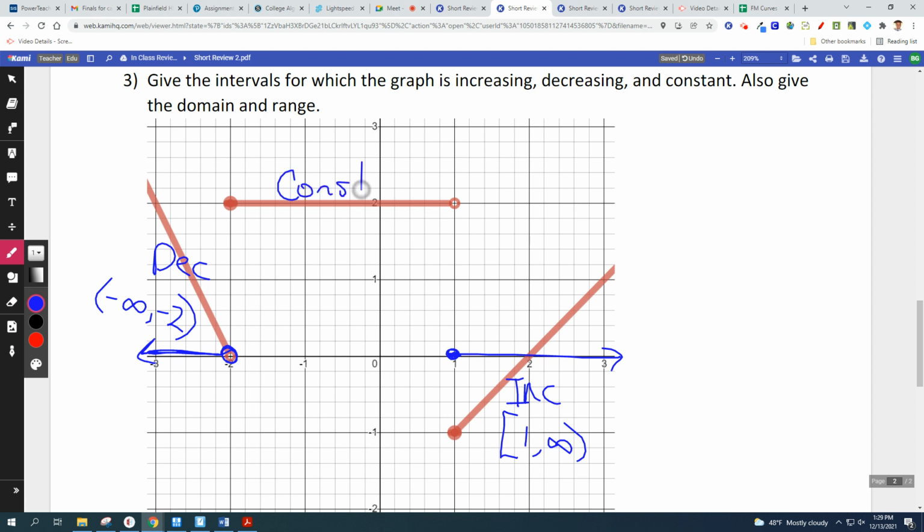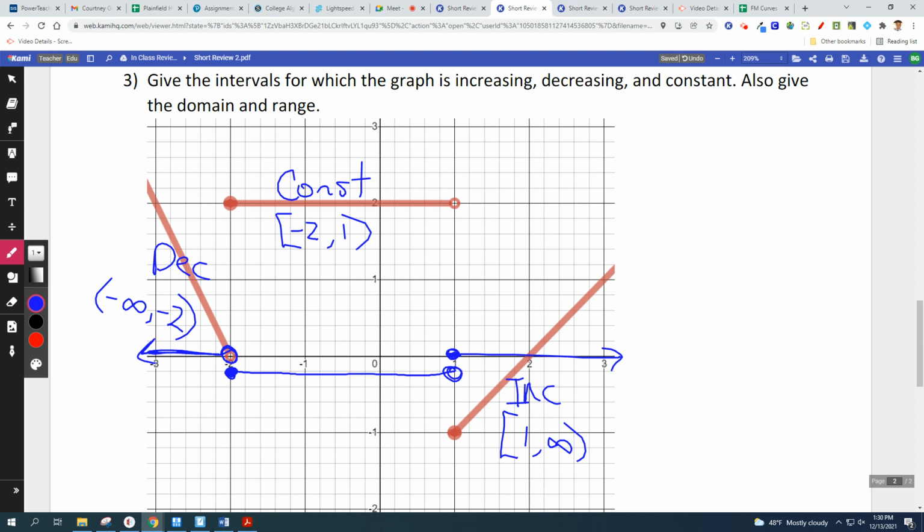Obviously, this is the part that's constant, going from negative 2 to positive 1. Filled in circle, open circle, tells me this is going to go from negative 2 to positive 1, just like that. Increasing, decreasing, constant, pretty simple question.